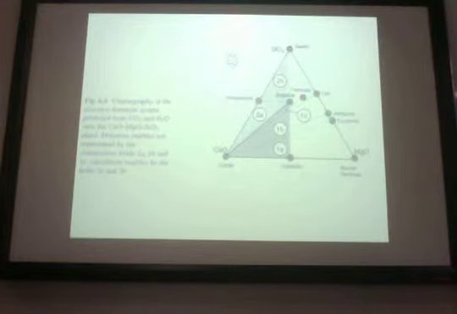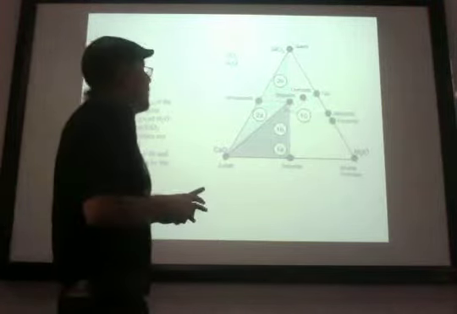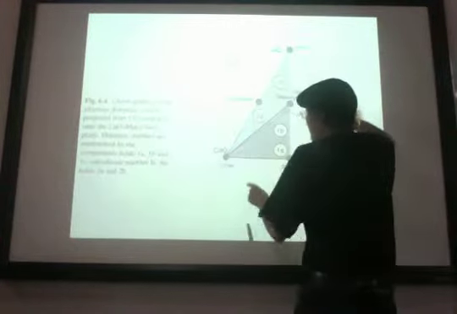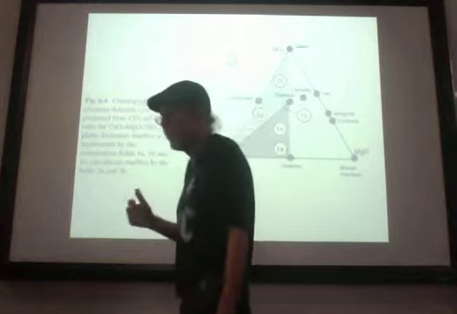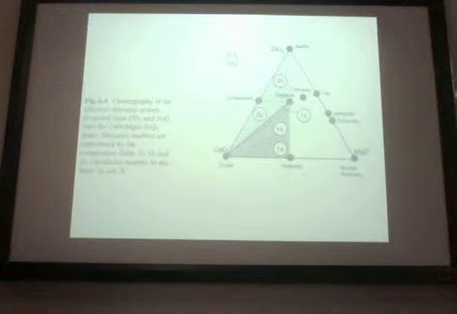Or if we have enough water available, we can also form a tremolite, or the mineral talc. But to form talc, we do not need any calcium, because talc does not contain any calcium. Yeah?